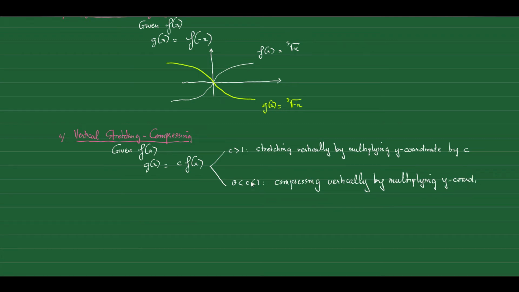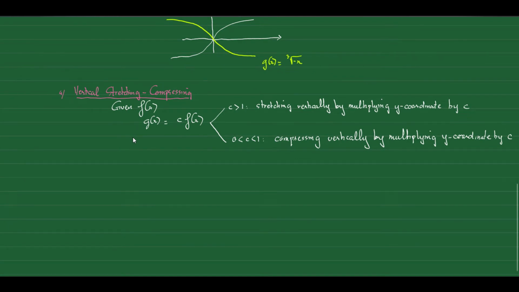Well, it makes sense, right? We have to multiply the y coordinate because this is a vertical change, by the c value. So c in this case is a fraction between 0 and 1, so the numerator must be smaller than the denominator.